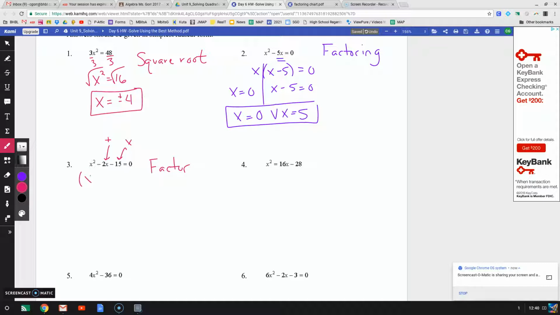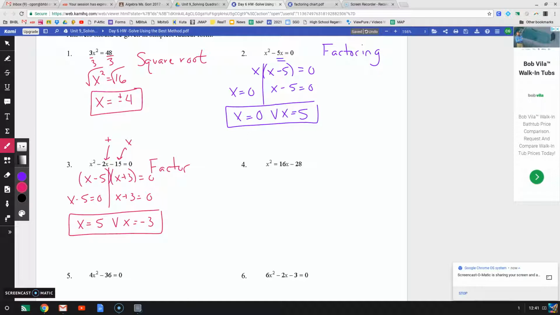When I factor this, I'm going to end up with x minus 5 times x plus 3 equals 0. I'm going to set both of them equal to 0 and solve both sides of my equation, giving me 5 or negative 3 as my possible roots, my possible zeros.